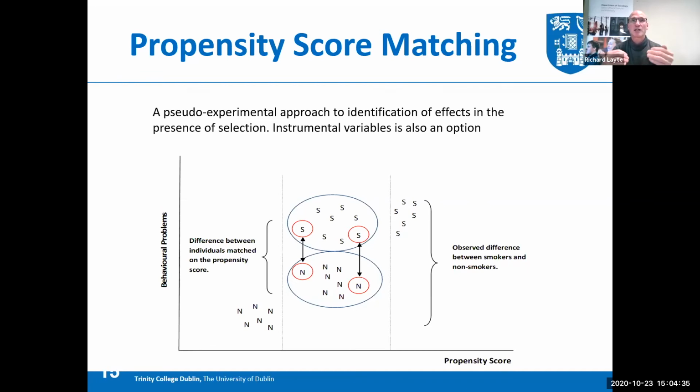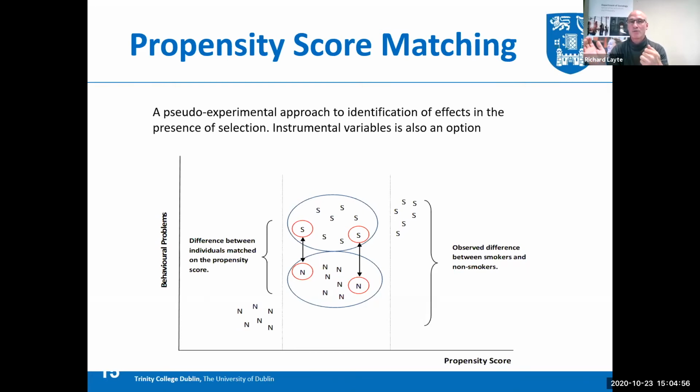But if you want to go down the road of trying to adjust even more strongly for those selection pressures, you can use things like propensity score matching, which is a nice, neat, pseudo-experimental approach where you're estimating a function, first of all, of the probability of experiencing the exposure, which here would have been economic strain, or rather recession.